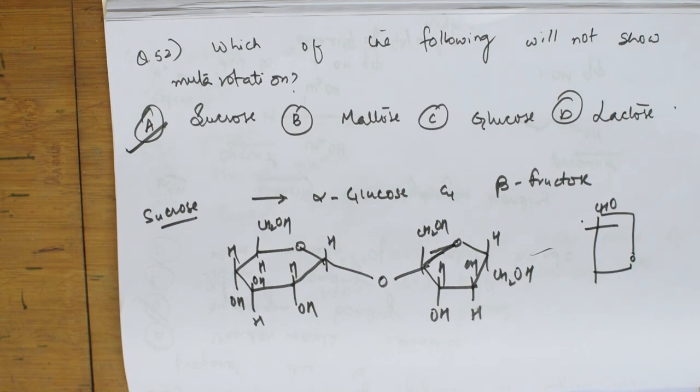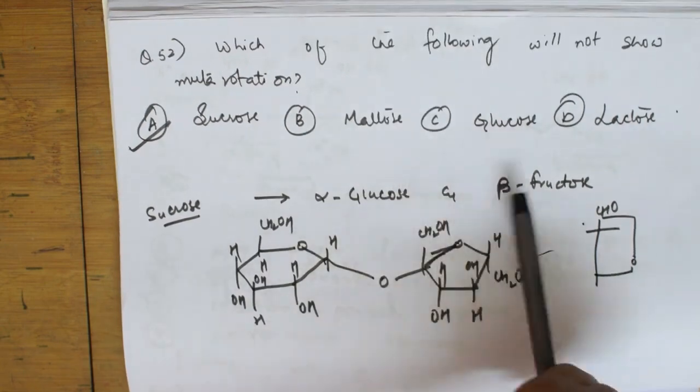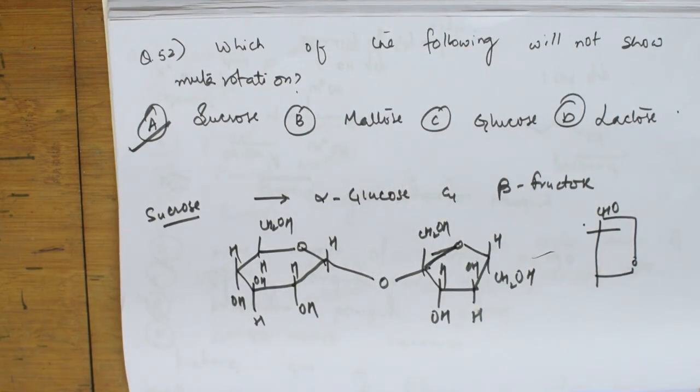Hence, in sucrose, hemiacetal formation is not shown. This is the main reason. But you can see hemiacetal formation in maltose, glucose and lactose. Right, students? Let me come back and do the next question.